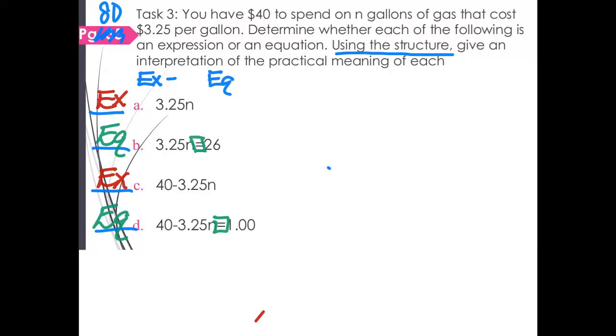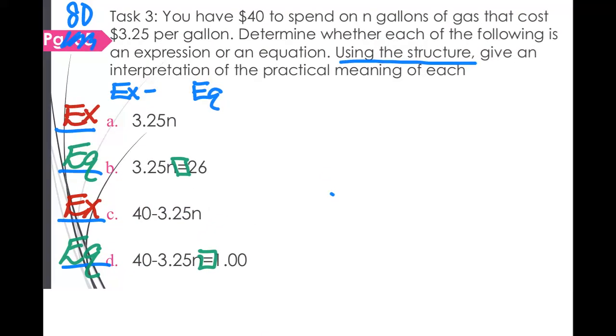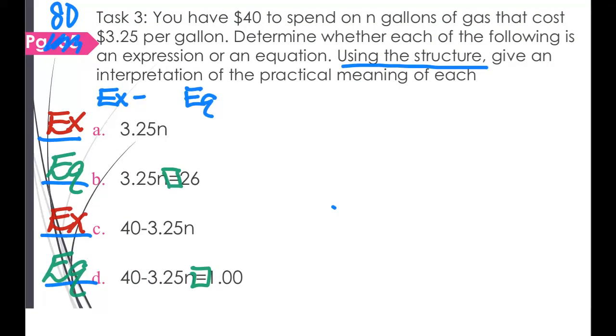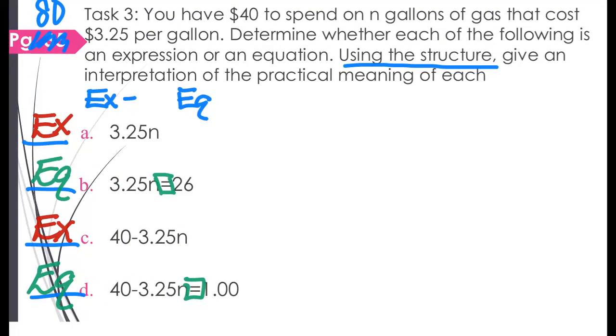3.25n. What is the label for your answer going to be there? Maybe that helps you figure out what we're talking about. I mean, what is 3.25? What are we talking about there? Per gallon. No. What are we talking about in more general?